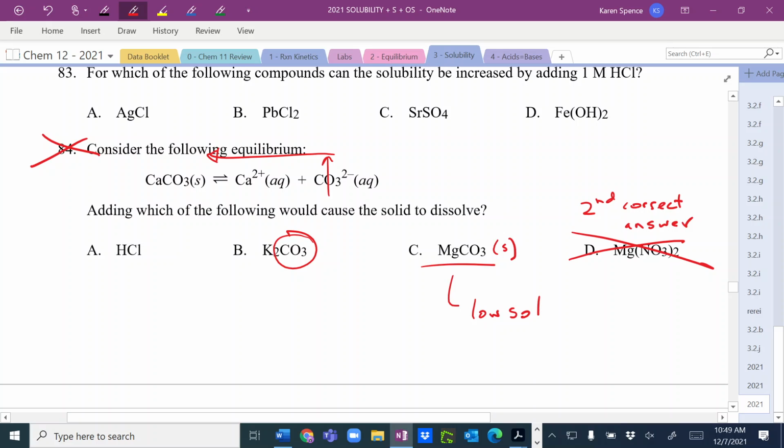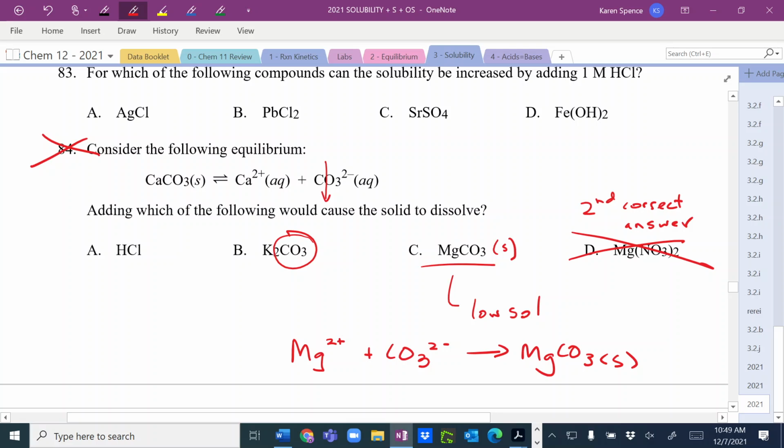And whatever did dissolve would cause it to shift to the left, but it would mostly just leave it unchanged. If we did add Mg, it could actually react with the CO3, producing MgCO3 solid, which would cause CO3 concentration to decrease, which would cause it to shift to the right.